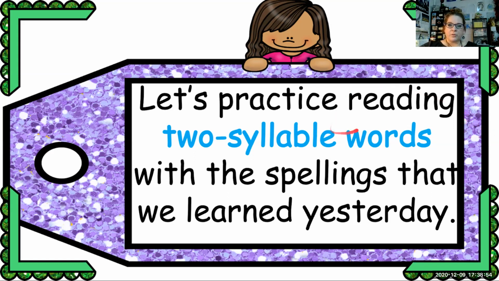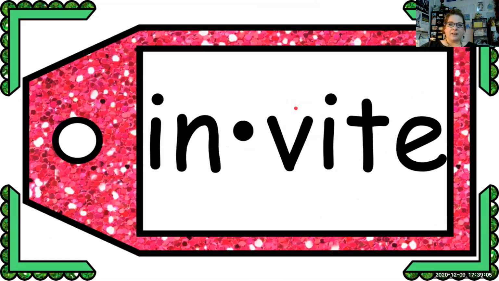And then we're going to circle with my laser the letters that make that sound. Okay. So our first word is invite. Invite. Is that the long I sound or the short I sound?